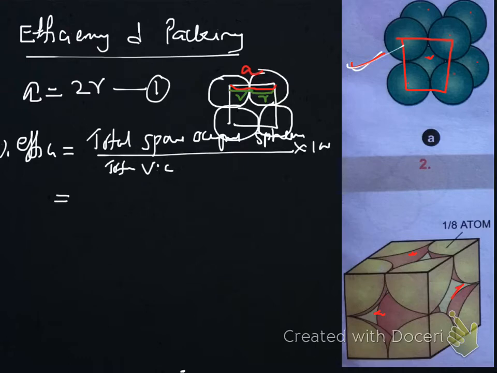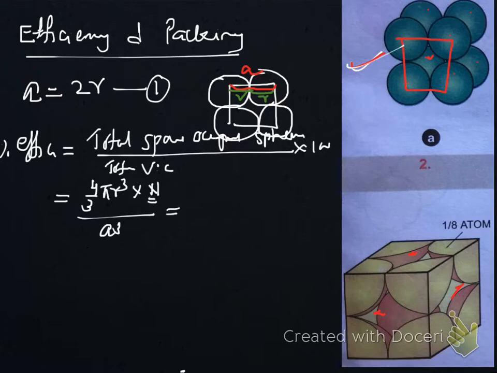Total space occupied by spheres means, what is the volume of a single sphere? 4 by 3 pi r cube. In simple cubic system we have one particle, 8 into 1 by 8. In FCC it is 4 and in BCC it is 2. So you can generally write it as 4 by 3 pi r cube, the volume of a single sphere, into number of spheres in a single unit cell, divided by volume of a cube, which is always a cube.